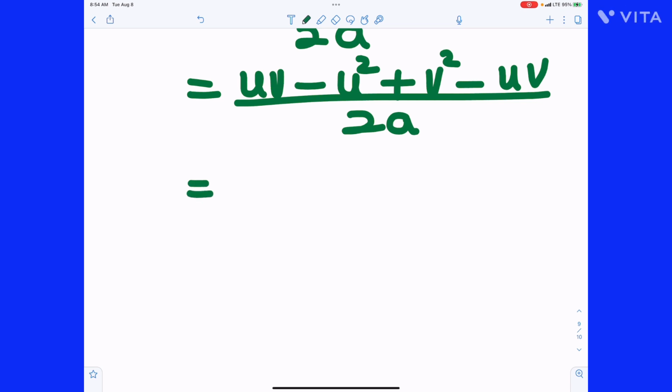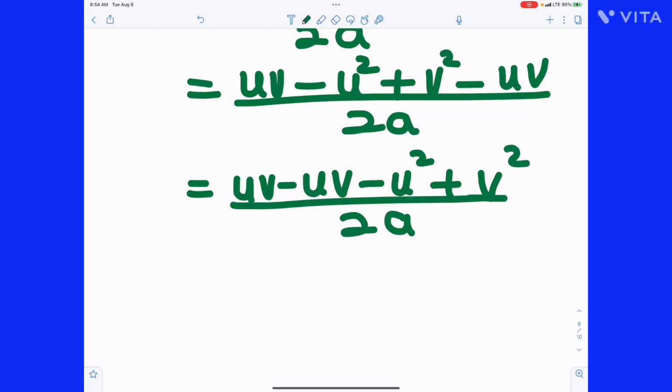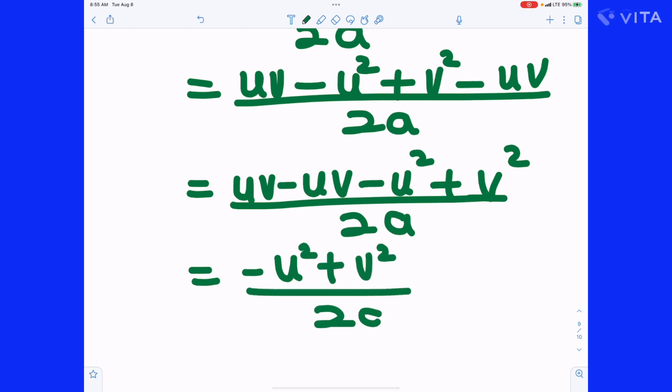That gives me uv minus uv minus u squared plus v squared all over 2a. Now uv minus uv is 0, so that disappears. I'll be left with minus u squared plus v squared over 2a is equal to s.